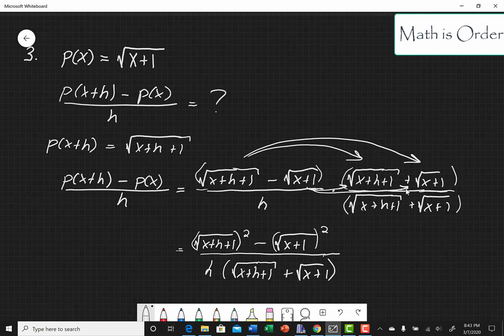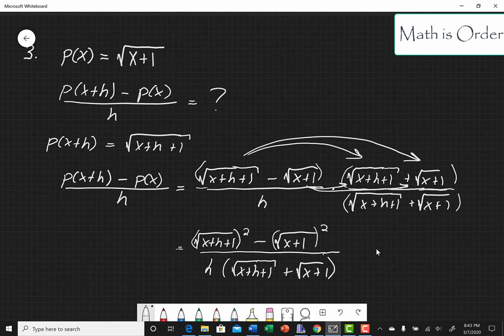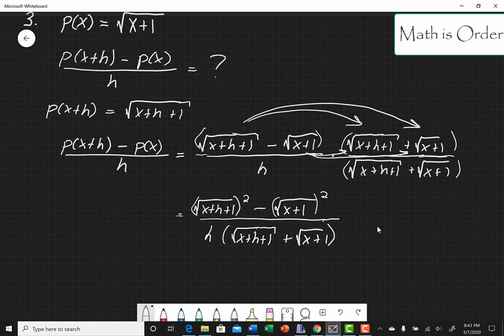All right, that was the purpose of us multiplying top and bottom by the conjugate, because it makes the two middle terms in this numerator cancel out. So then we're going to have here x plus h plus 1, because the square cancels out a square root, minus x plus 1.